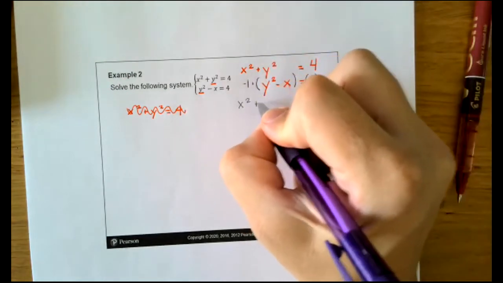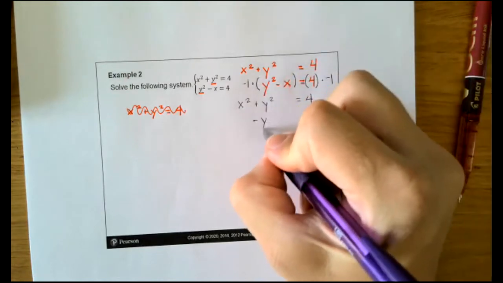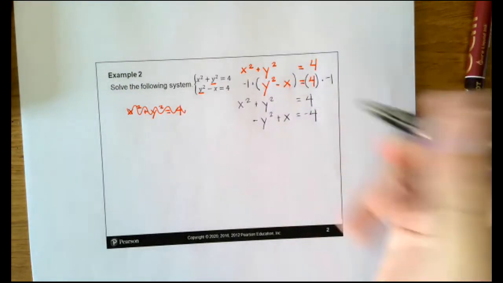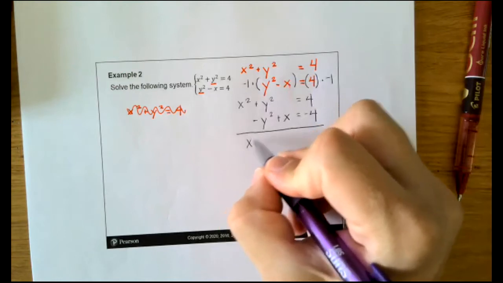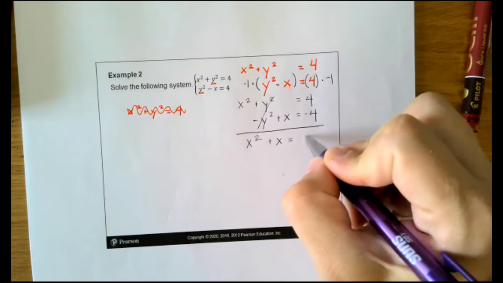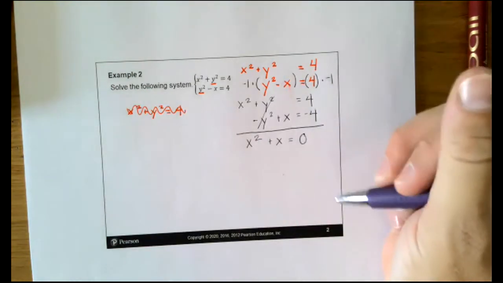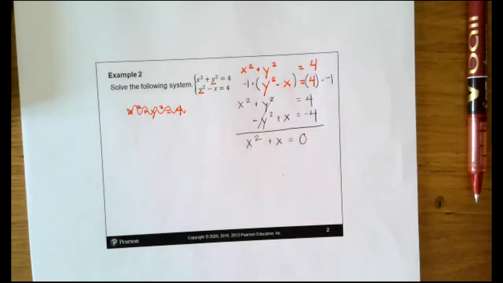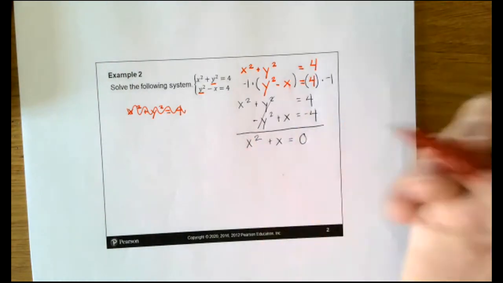X squared plus y squared equals 4. -y squared plus x equals -4. Now what is left is x squared plus x equals 0. That's nice. For this factoring, I can just factor out an x because they both have x as a common factor.